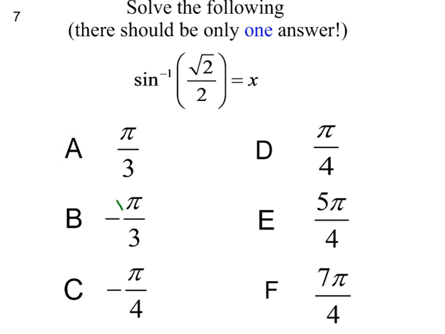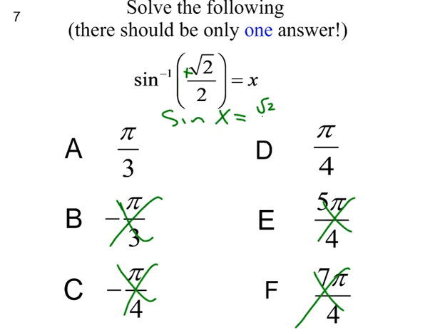All right, like this one. First quadrant right away, so we know anything that's not in the first quadrant is not going to work. None of those are in the first quadrant, so we know it's A and D. Now, your test might not be multiple choice, so you can't necessarily eliminate like that. But you're looking for sine of what angle gives me root 2 over 2.